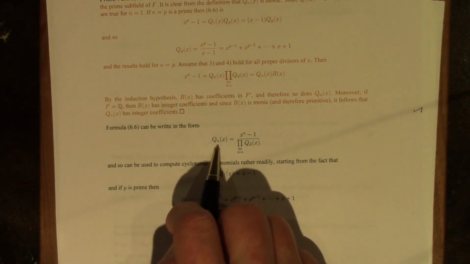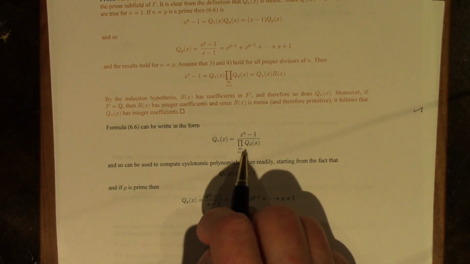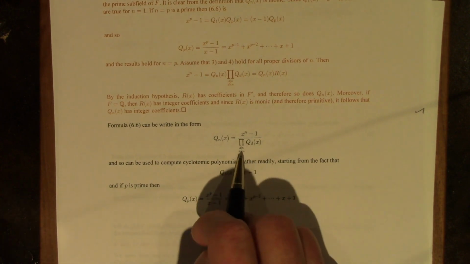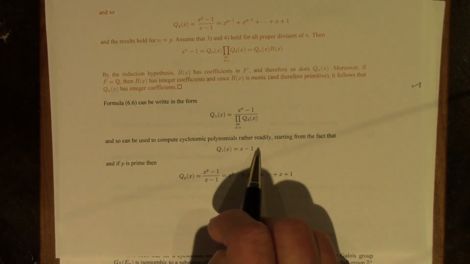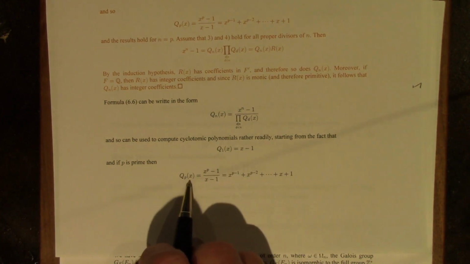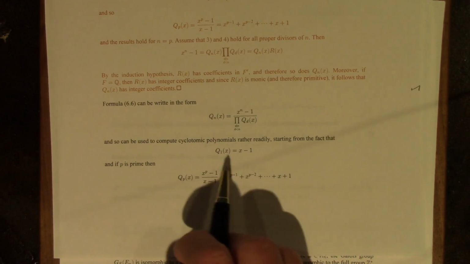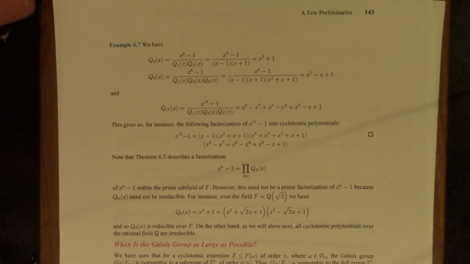So Qn of x is x to the n minus 1 divided by the product of the Qd's, where d divides n but is less than n. And this formula, together with the fact that Q1 of x is x minus 1 and Qp of x is equal to this, we can use to compute cyclotomic polynomials of any size we want.